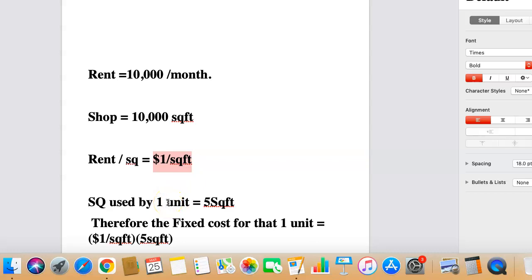And suppose, for example, the square feet used by 1 unit is 5 square feet. So the cost per square feet is $1. 5 square feet were used, so the fixed cost for that 1 unit is going to be 5.